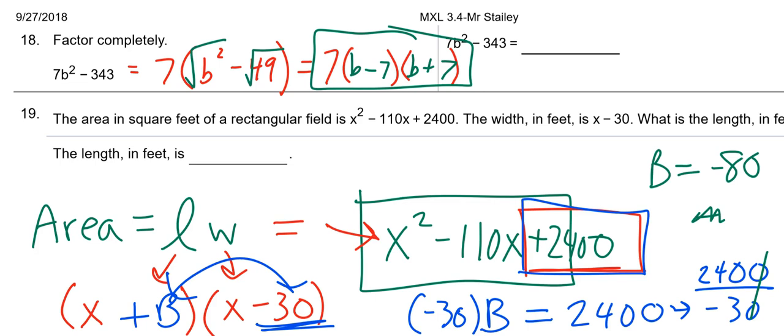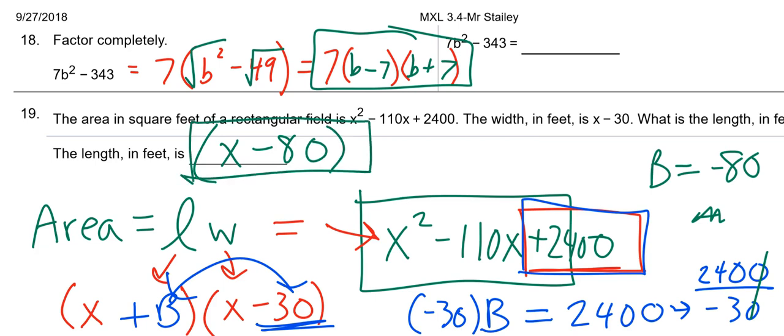Which means my factor is x minus 80. That's the answer to my question. That is the length. So basically, this is an easier factoring question than the other ones because they gave me one of the factors. All I had to do was come up with the other factor. And a little bit of division is all you're going to do.